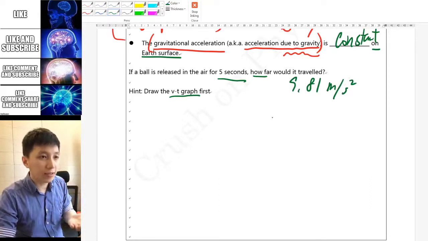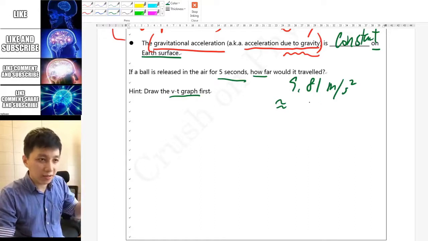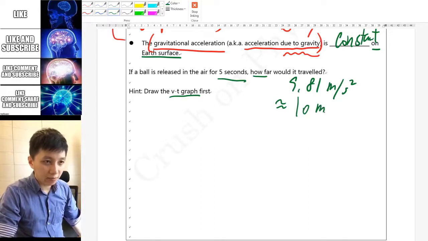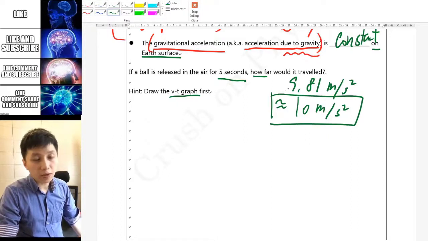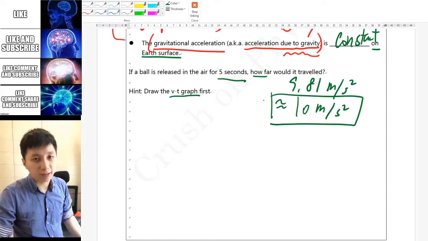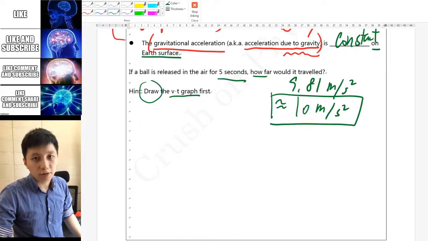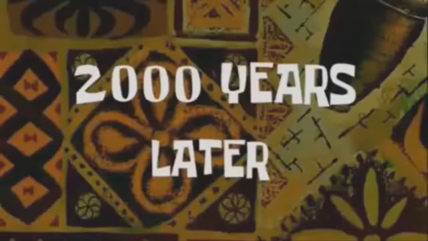In IGCSE, we will simplify this, because this number can simply be rounded up to 10 meters per second squared. So let's stick with this number and work out how far it will travel in 5 seconds. Again, I recommend you draw the v-t graph first. If you haven't tried that, pause the video now and try it first.